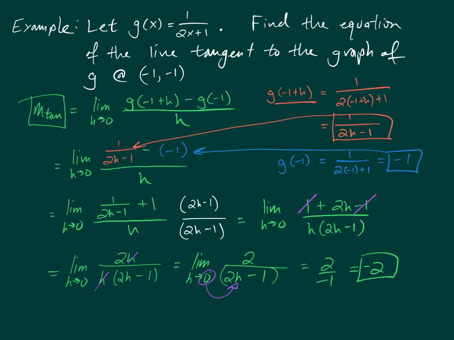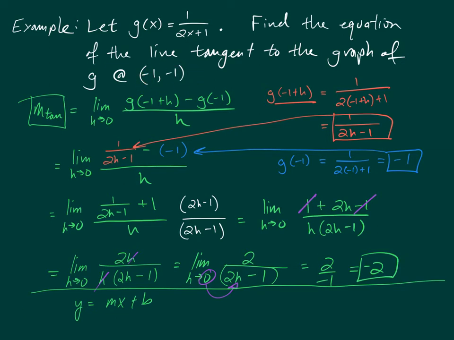The rest of it, we just need to set up the actual equation for a line, y equals mx plus b. And we all know the slope of this line, and we know an ordered pair on this line.